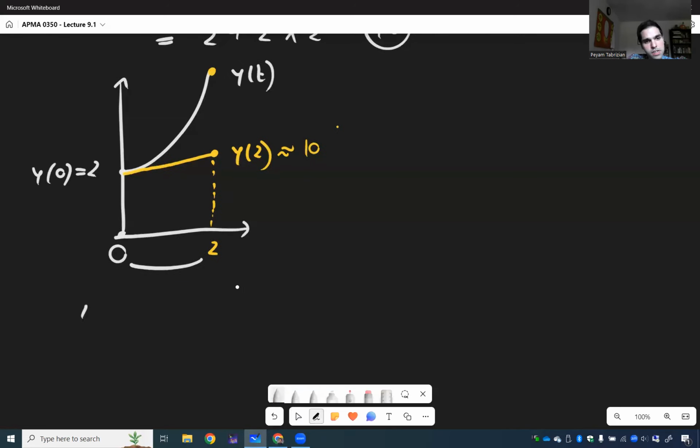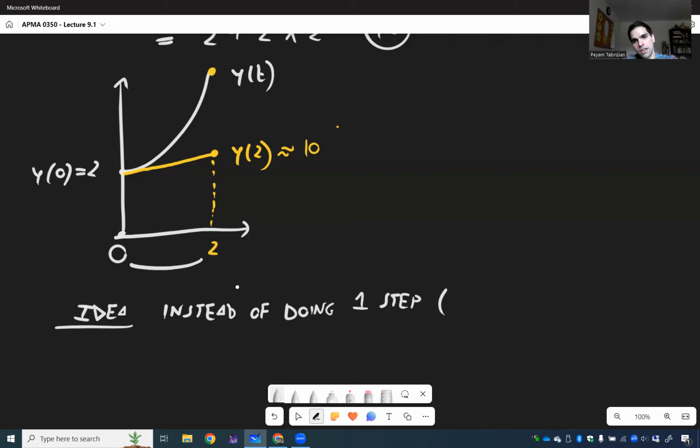So the idea: instead of doing one step from 0 to 2, do 2 smaller steps.